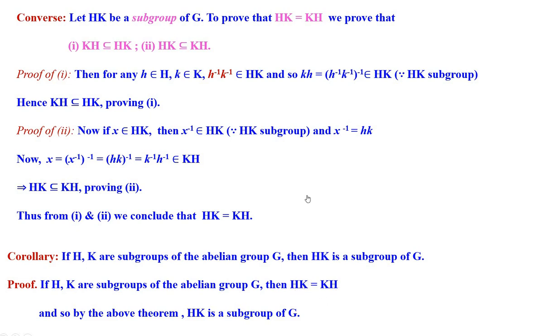Like the set consisting of 1, 2, 3 is definitely equal to the set consisting of 3, 2, 1. But you cannot equate 1 to 3 and like that. Elements cannot be equated. As sets they are equal. So we have Hk equal to Kh. Therefore, by the above theorem, Hk must be a subgroup of G.